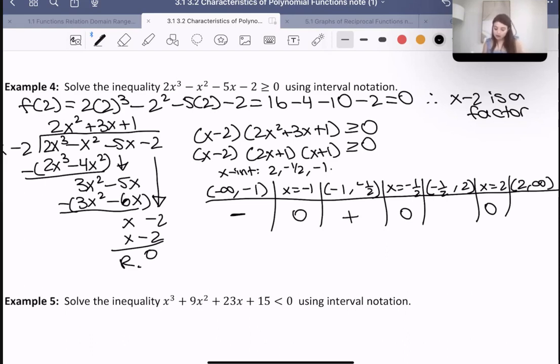Then what about from negative a half to 2? I'm going to just choose 0, and that one's going to be easy. We're going to get negative 2 times 1 times 1, which is something negative. And then from 2 to infinity, I'll choose 3, and we'll just get plus, plus, plus, which is, of course, positive. So therefore, the answers in interval notation are which intervals?